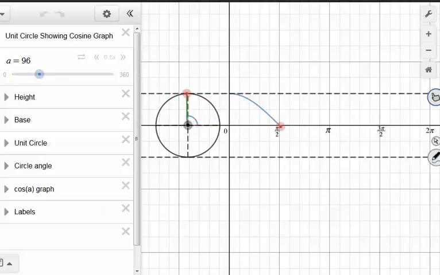It starts at 0 comma 1 and goes right back there. What do you notice about where it's 1 and where it's negative 1 for the output value? Do you notice where it crosses the x-axis? And what would you say this one's period is going to be?